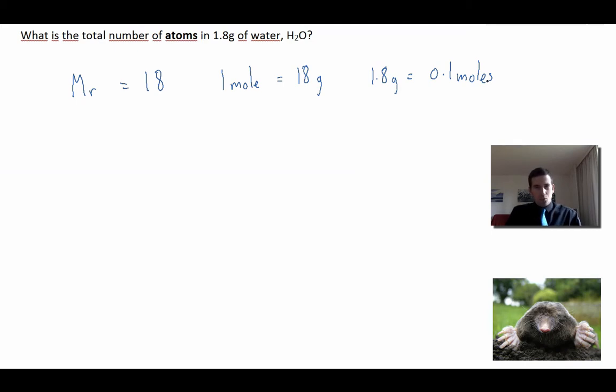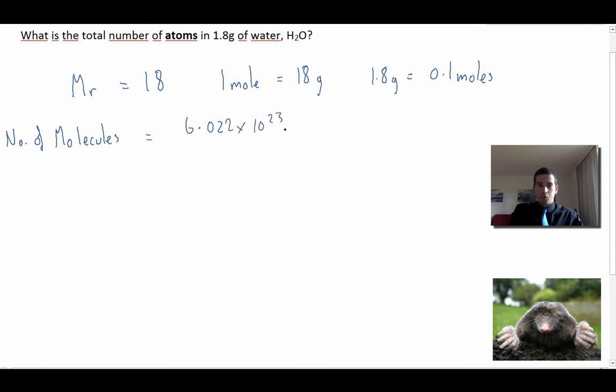The next step, once you have the number of moles of a substance, is to work out the number of molecules. 6.022 times 10 to the 23 would be 1 mole, but we only have 0.1 moles, so times that by 0.1. This comes out at 6.022 times 10 to the 22. We've just divided by 10.